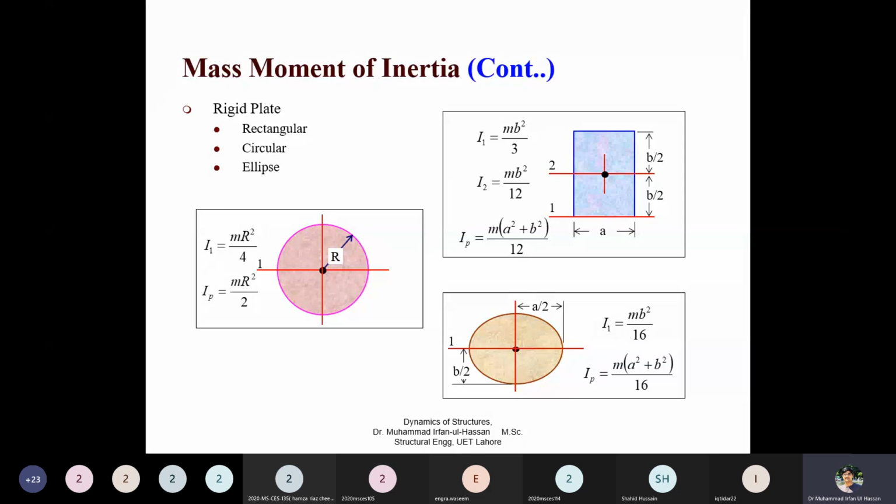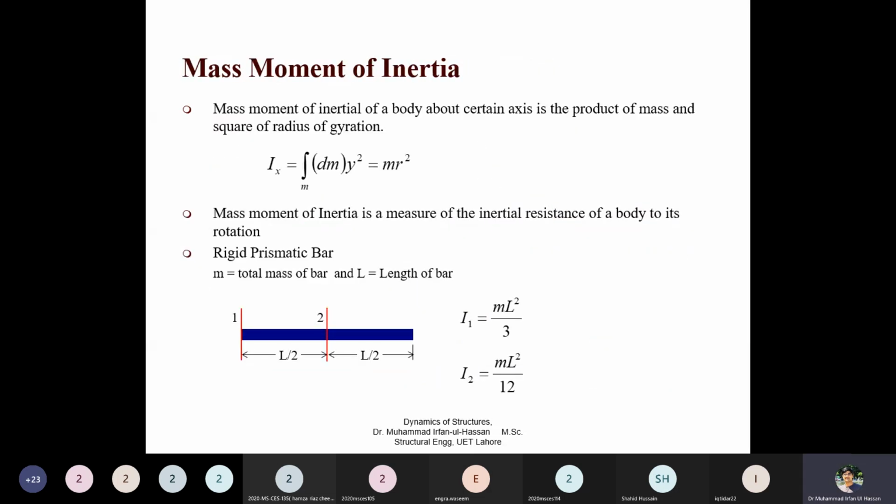You can determine the mass moment of inertia for the different cases. Because mass moment is equal to m into r square, actually, and r is the radius of gyration, which is Ix over A. You can determine the mass moment of area when it is needed, when the system is subjected to the base rotation.